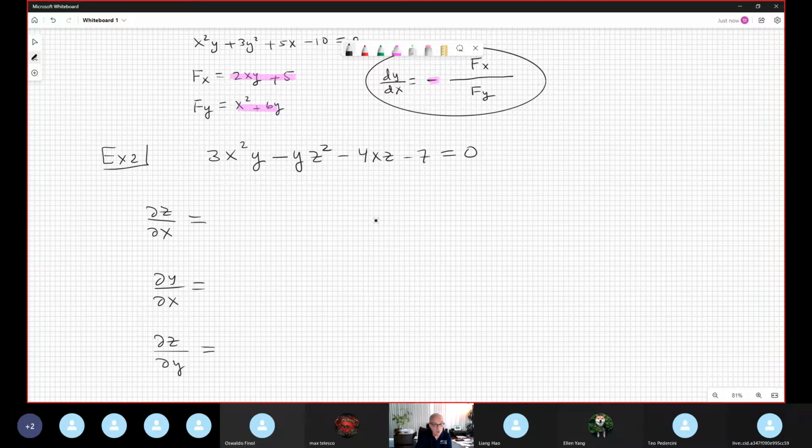Okay, according to the implicit formula, it is minus F sub x, so the partial derivative of capital F, divided by F sub z. When you express this in implicit form, it's easy to remember because you swap: x in the bottom, x in the top, z in the bottom, z in the top.